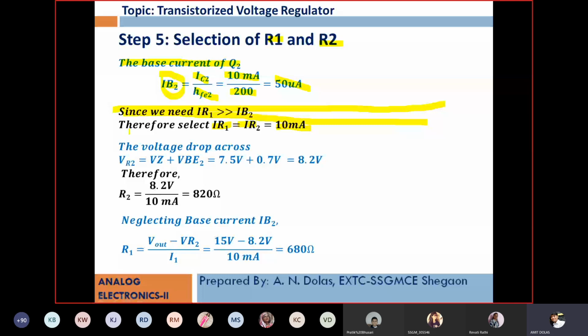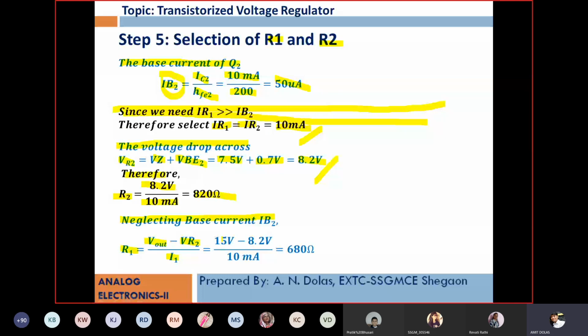Now we know current and voltage, therefore R2 will be 8.2 volt divided by 10 milliampere, therefore 820 ohm. Neglecting base current IB2, we have R1 is equal to V out minus VR2 divided by I1.